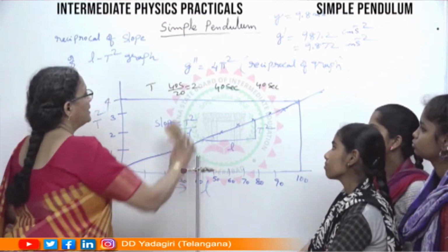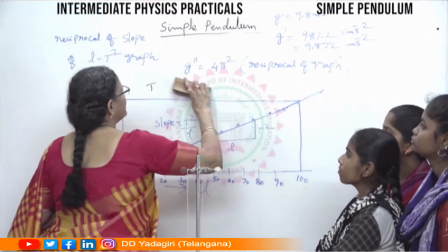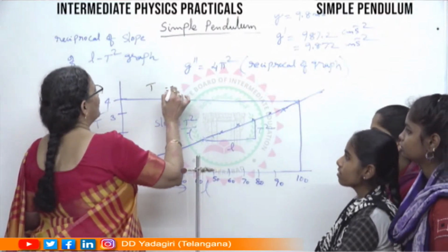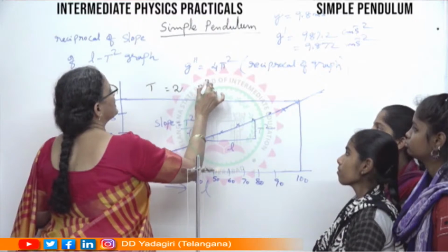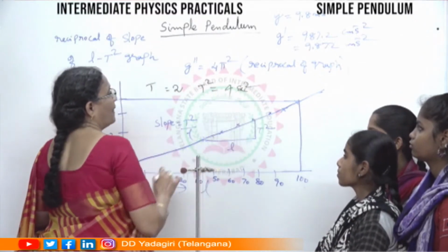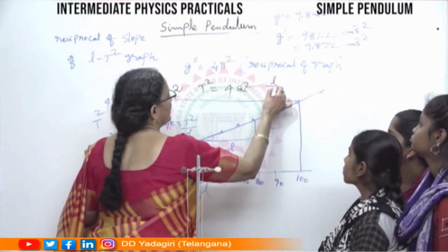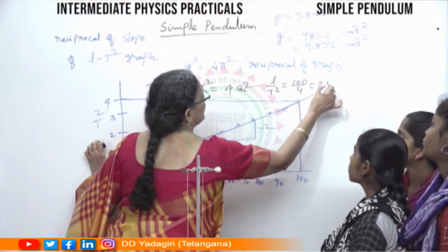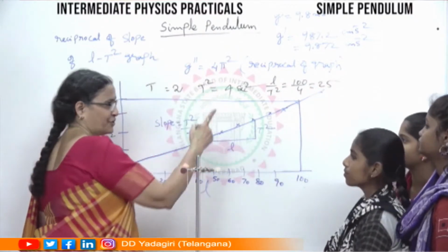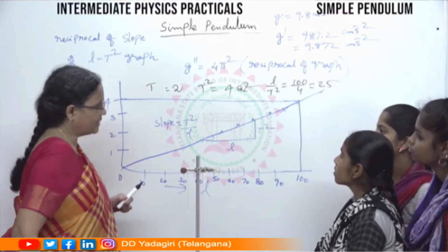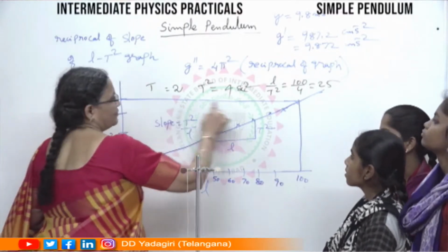Then what is T square? 2 square, 4. So T is equal to 2, T square is 4 seconds square. Then what is L by T square? Roughly I am saying 100 by 4, 25. I said it should be between 23 and 25. So for 100, exactly 4.